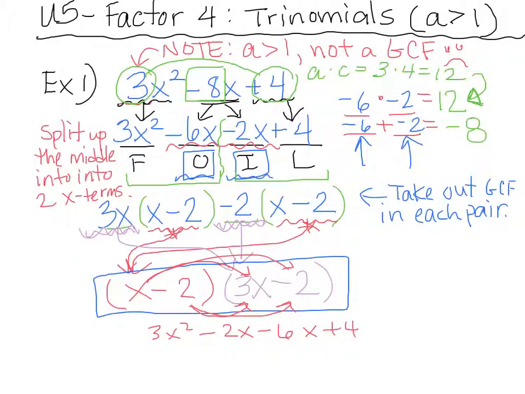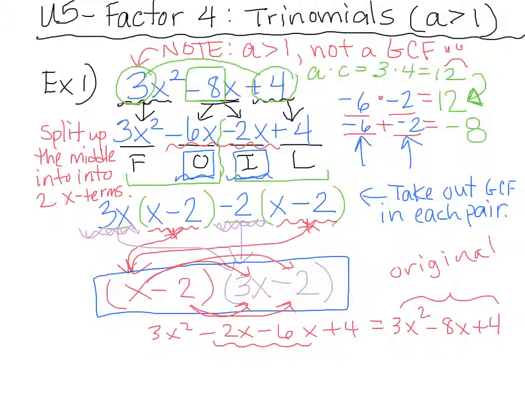Just double checking, my like terms combine and I'm left with 3x squared minus 8x plus 4. Notice this is the original expression that I started with, the original problem. And so I know that my factored form is correct. I've undone the multiplication correctly with this answer here.